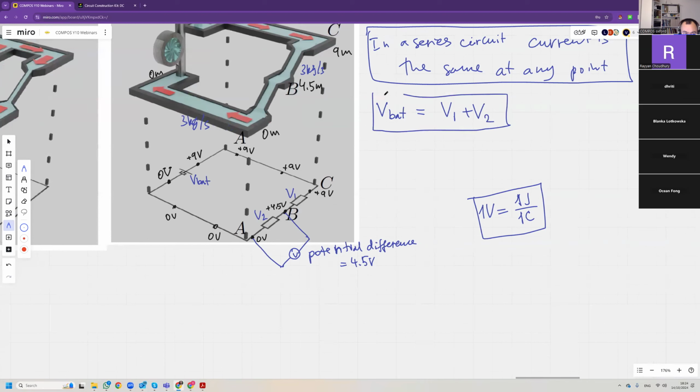That's the rule for voltage. In a series circuit, the voltage on the battery splits between components.